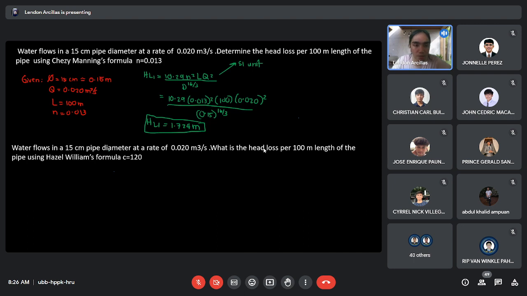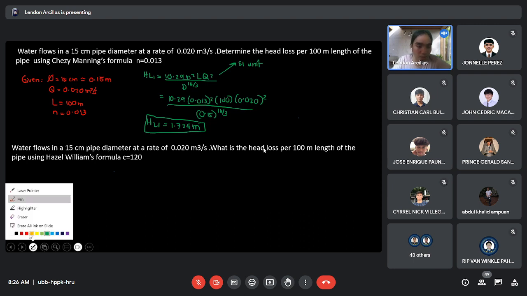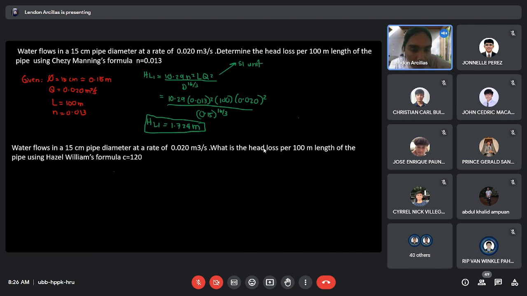So let's try to solve using Hazen-Williams. So again, if you solve this one, given we have a diameter, same. This 0.020. The length of the pipe is 100.